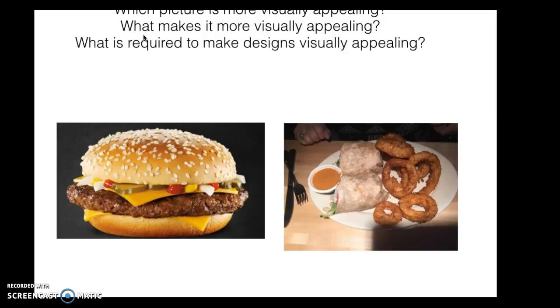She told me the colors, the lighting, the black background, how it's just centered on the burger. And then I continued with my questioning: what is required to make designs visually appealing? Through this questioning and talking, I was also able to gauge her background knowledge on graphic design, and we were able to converse a little bit.